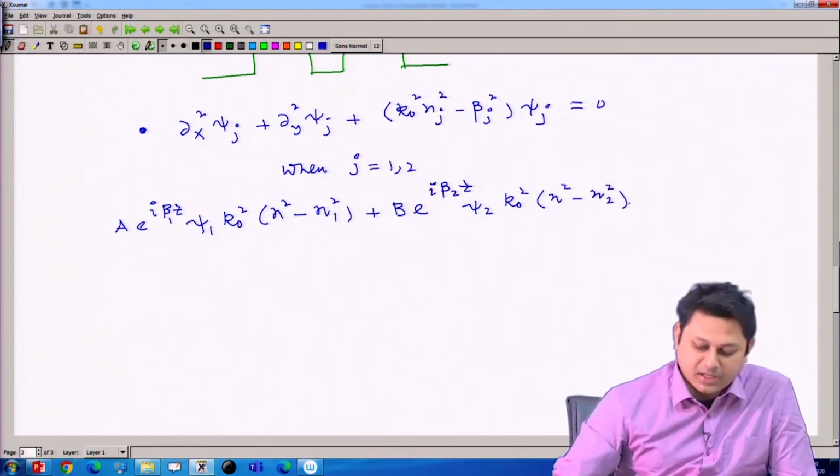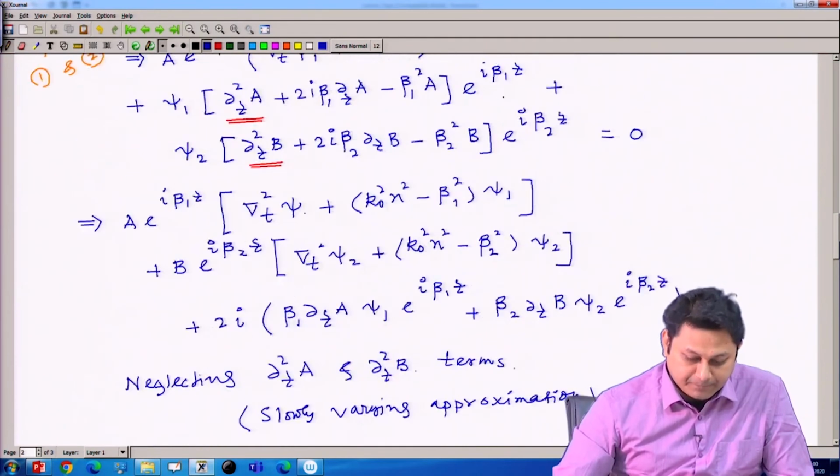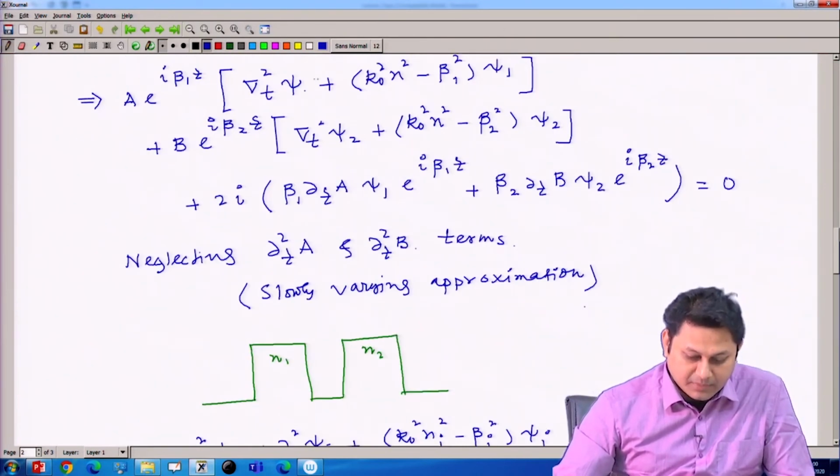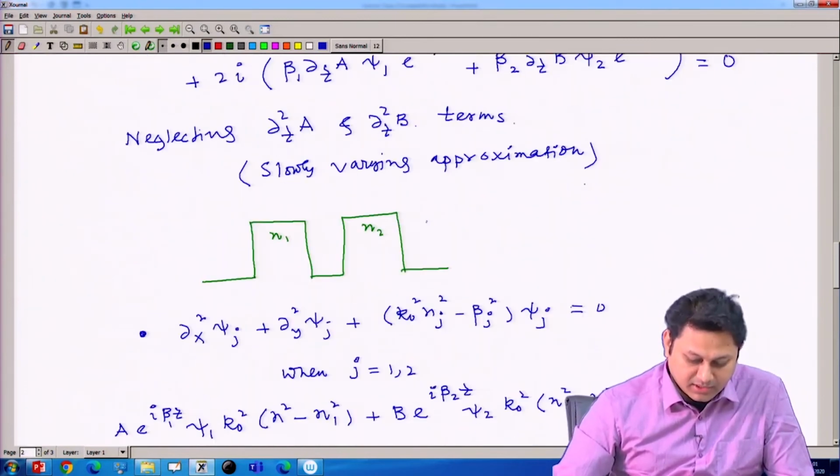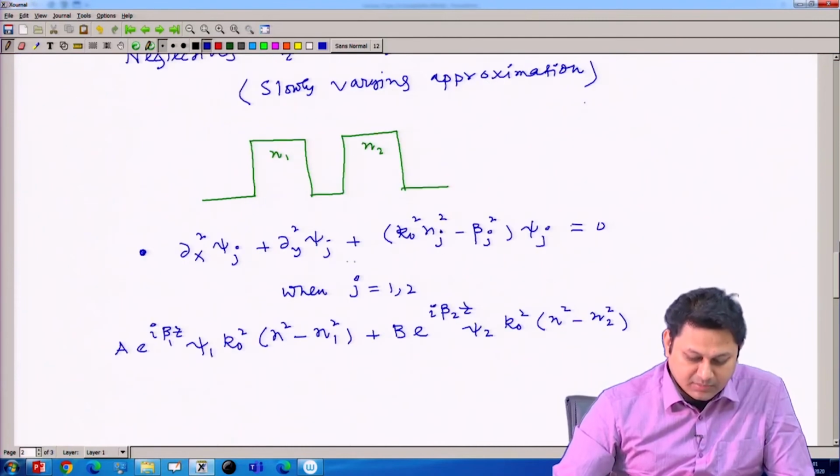These two additional terms I have, because here if you look carefully, this term that I have n. So, this minus beta 1 square psi 1, I just replace here.